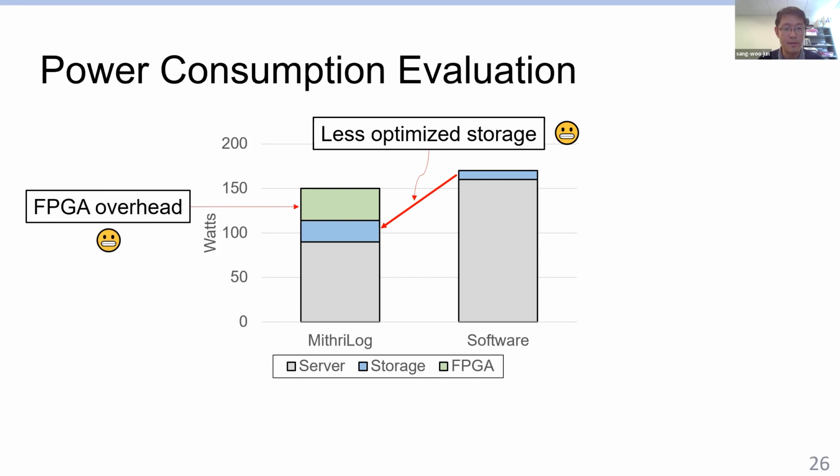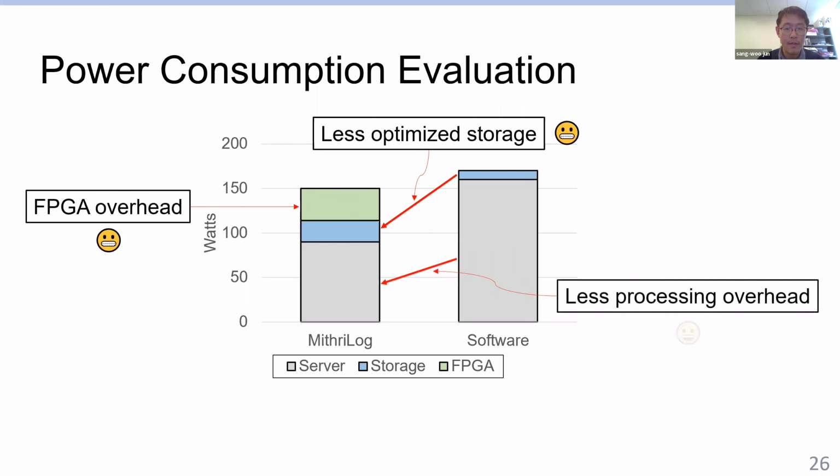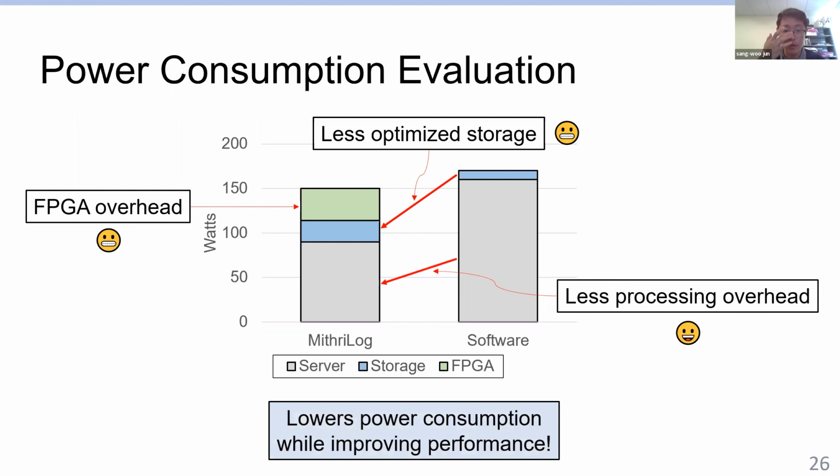And of course, there's also the power consumption overhead of the FPGA. But thankfully, because it reduces the processing overhead inside software, the overall power consumption of our near storage accelerator system is actually lower than the software system. We are even lowering the power consumption while improving the performance by potentially multiple orders of magnitude.